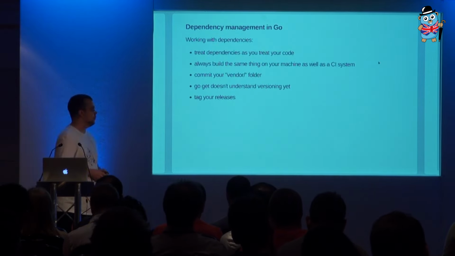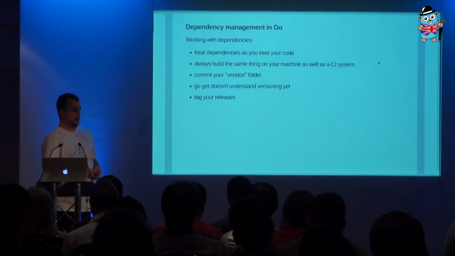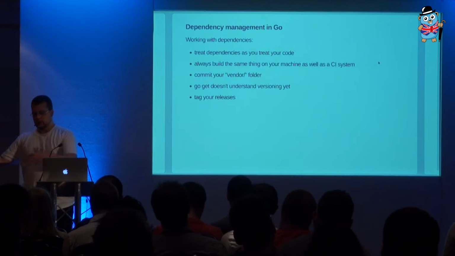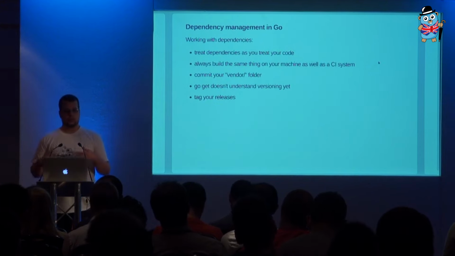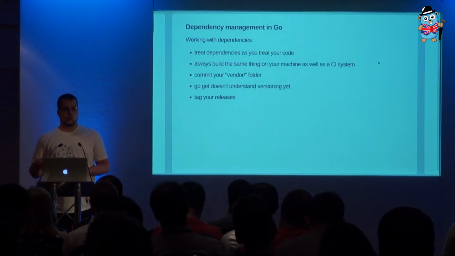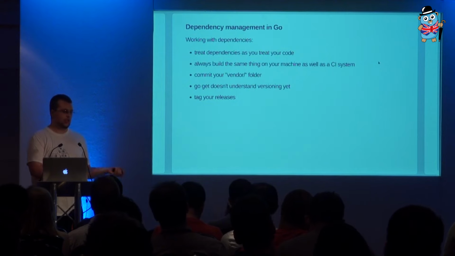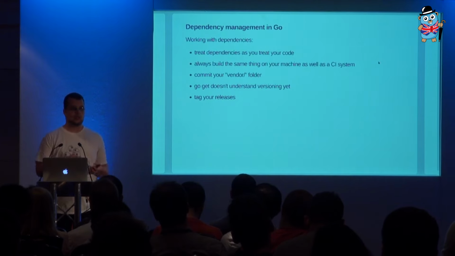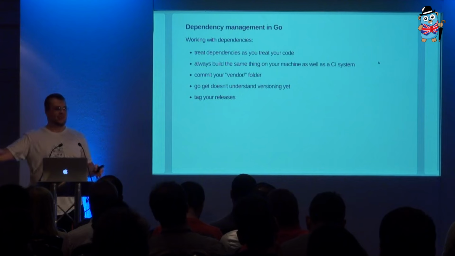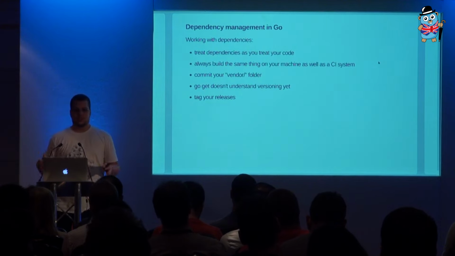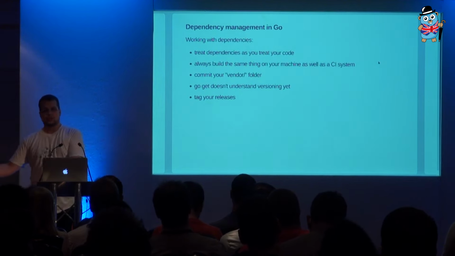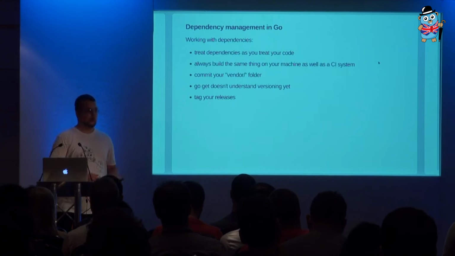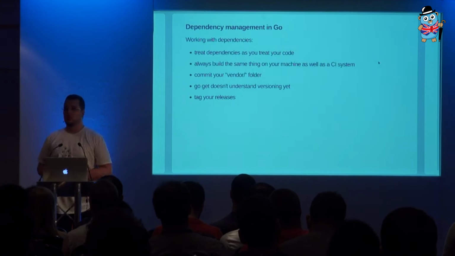When it comes to dependency management in Go, I would say treat your dependencies as you treat your code. Let's say you want to import a package which does some computing for you, maybe some crypto library. You would want to make sure that that library is actually secure, and you would want to do a code review on that, see what happens. Or if you import a logging library from what I said earlier, check what it does.